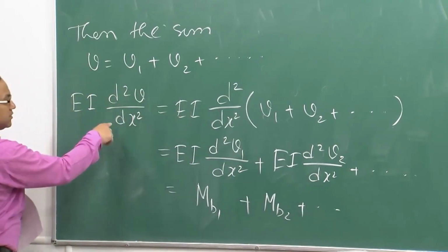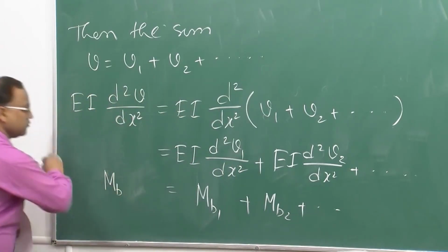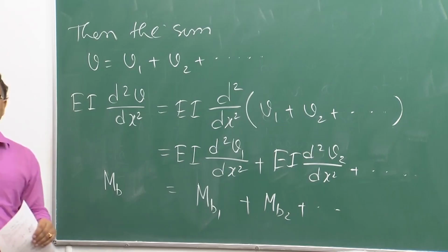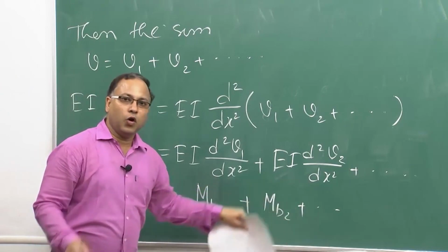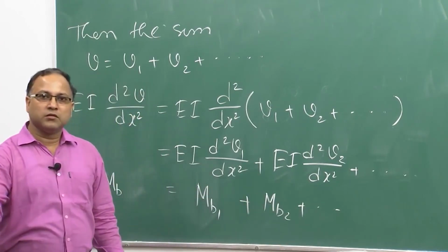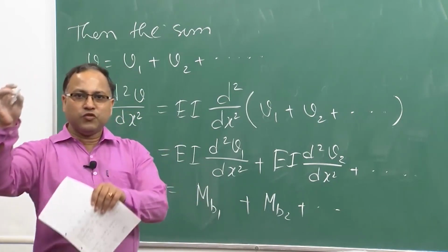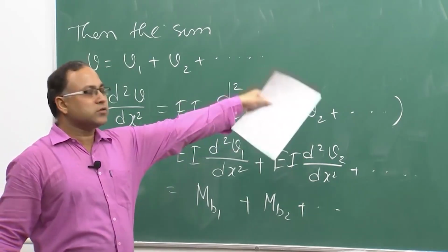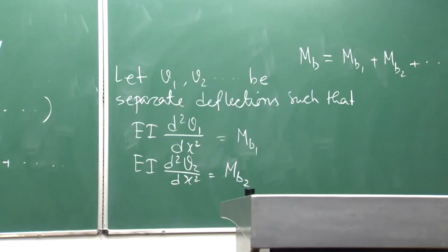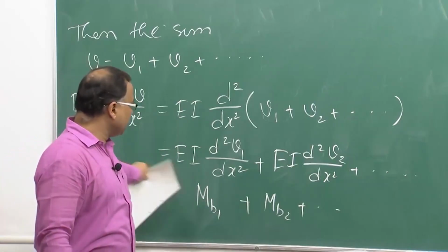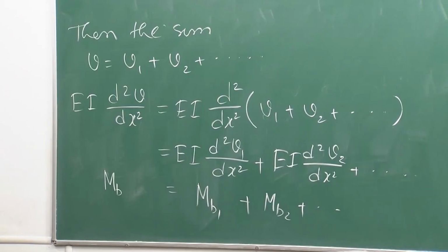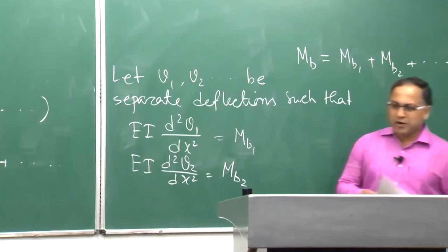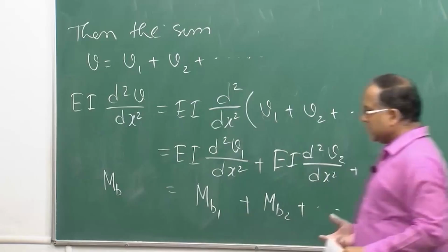And this is nothing but your total bending moment in the horizontal beam, and that is equal to the summation of all the individual bending moments caused by individual loading systems, as I was showing in the figure, load 1, 2, 3, 4. Similarly, you can find that. So, this is nothing but your method of superposition. Now, how will it help me? Let us see that.